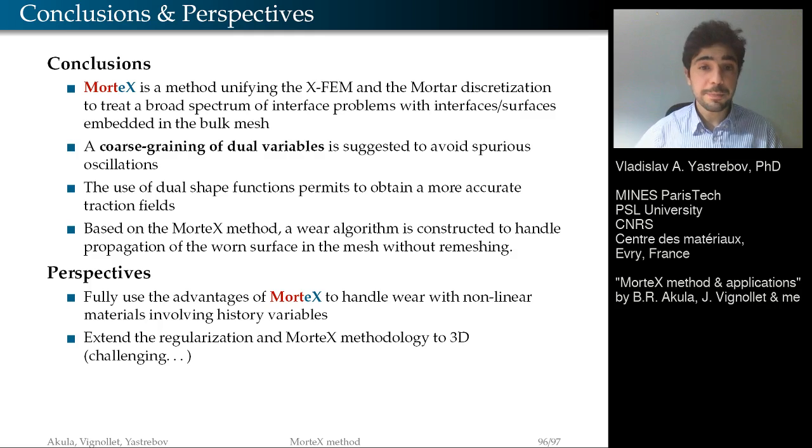It's a bit tricky, it's not always accurate, but in the context of the MorteX method, it's much easier to do, because the transfer of history variables occurs within a single element. Within every element, we need to ensure transfer from the previous location of the embedded surface to the new location of the embedded surface, which is much easier to do.